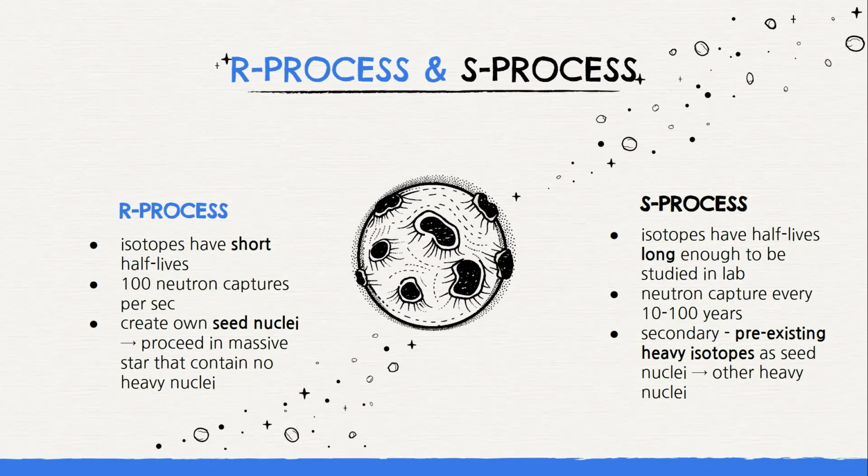The R process can create its own seed nuclei, so it can proceed in a massive star which has no heavy nuclei. But the S process is a secondary process, so it must have some pre-existing heavy isotope as seed nuclei, and it can convert them into other heavy nuclei.